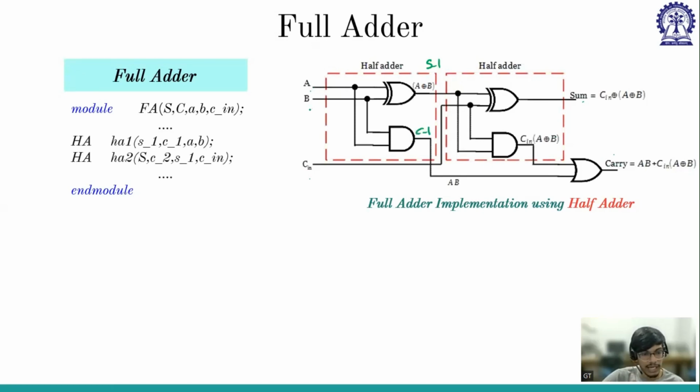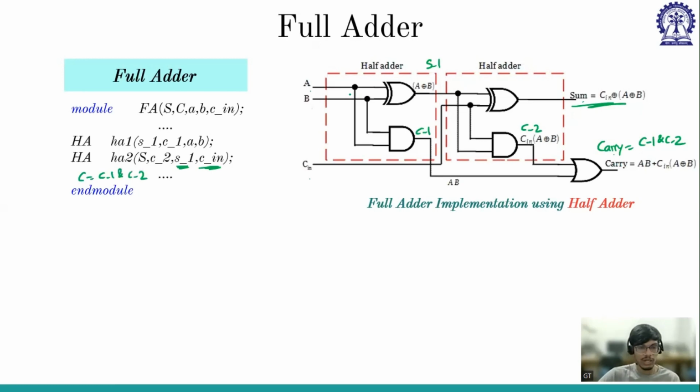Input is only 2 inputs, A and B. For the second half adder, input is S1 as well as C, and the output is sum, and the other output is say C2. Now carry is what? C1 or C2. So there will be another line which says C is equal to C1 OR C2.